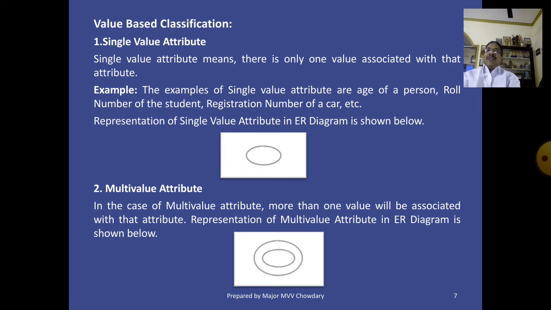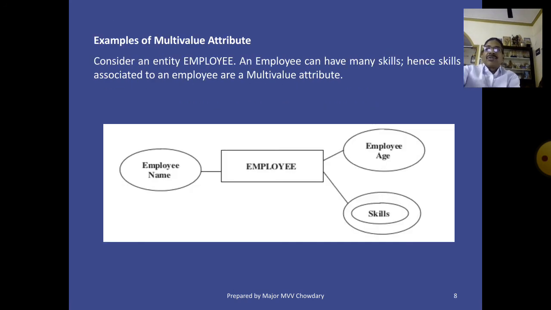Multi-value attributes may contain more than one value. For example, a person can have more than one phone number and more than one email address.